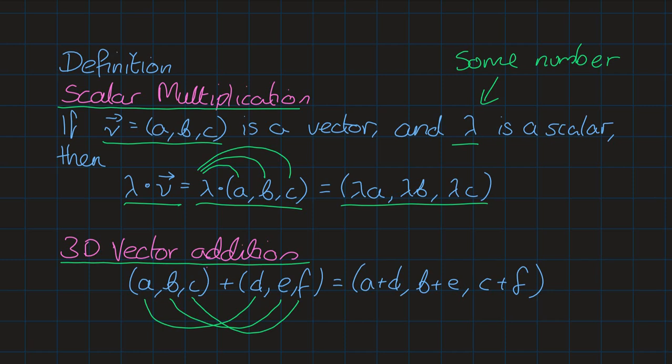Not that we need it in this course, but I imagine it's pretty obvious how you can generalize this notion to even higher dimensions. You can define vectors in 4 dimensions or 5 dimensions or as many as you want, and scalar multiplication and vector addition still work, but we'll only be needing vectors in 2 dimensions and 3 dimensions in this course.